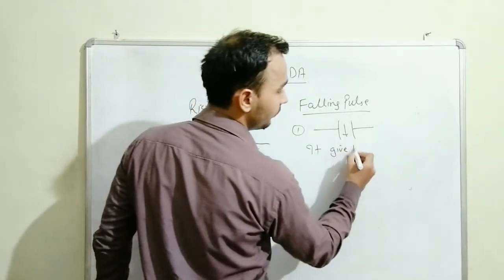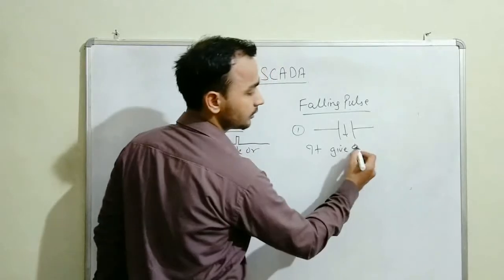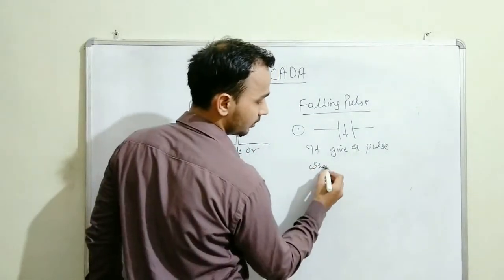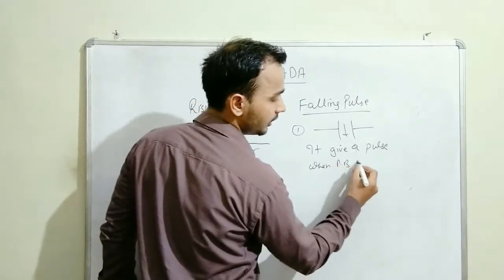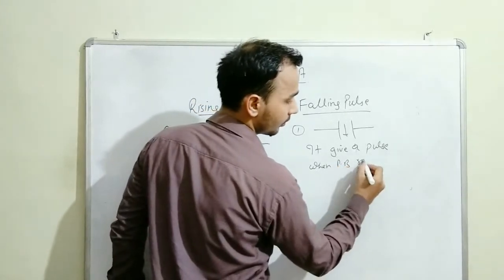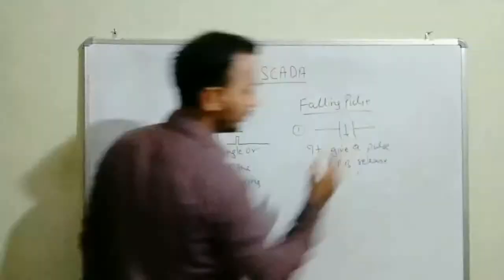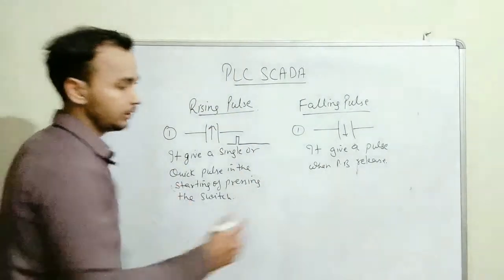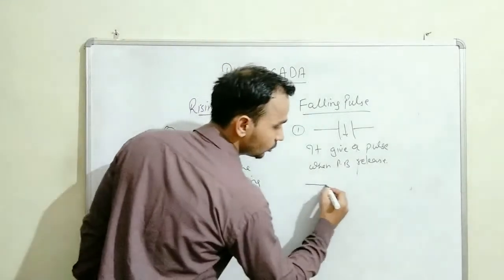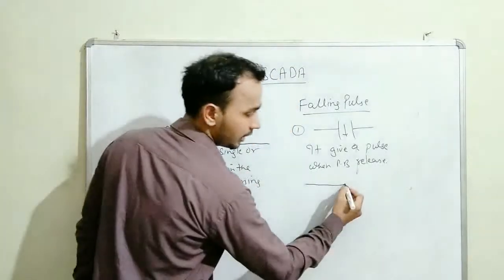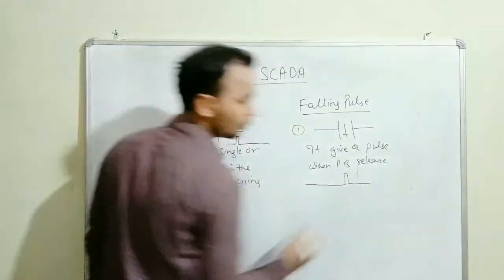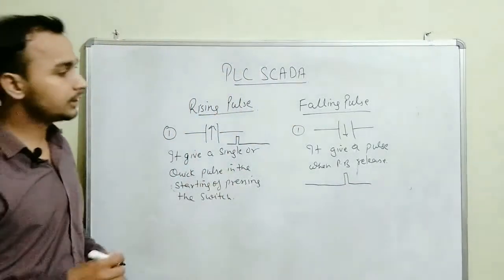Now falling pulse gives a pulse when the push button is released. So it gives a single pulse at the end of the operation. If you are pressing the switch, nothing happens, but when you release the switch, the pulse goes quickly. I hope it's clear.